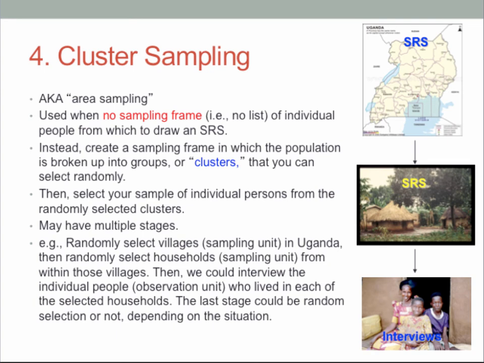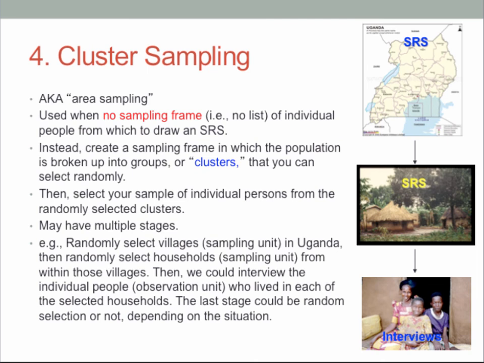We can then take a look within these villages and randomly select among these sampling villages different households, right? And even then, those households are still a sampling unit because we're still trying to figure out who we're going to actually interview. And in this case, it's going to be the individual people, right? The children, the mothers, the fathers, the people who live in these homes, in these villages within the country of Uganda.